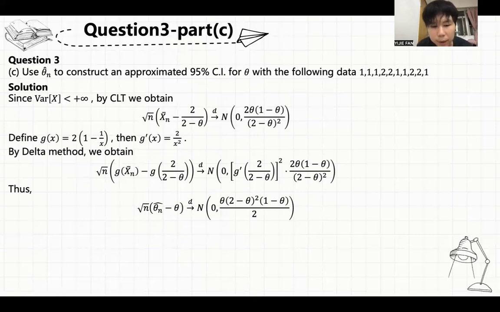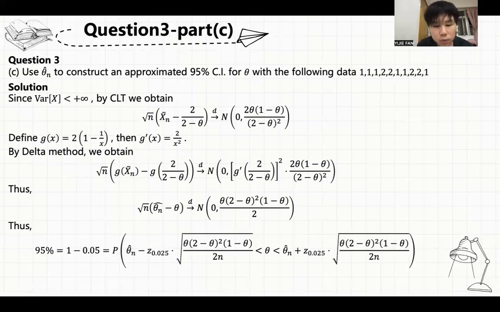random sample obeying a normal distribution. So like the steps we used in question 1, part A and part B, we could calculate the 95% confidence interval for theta.